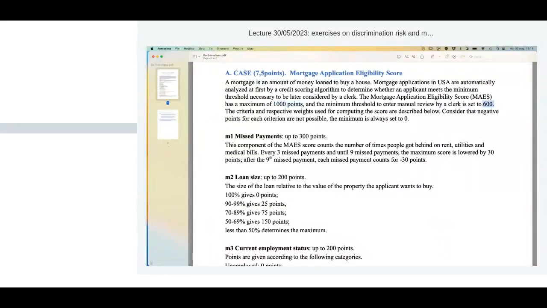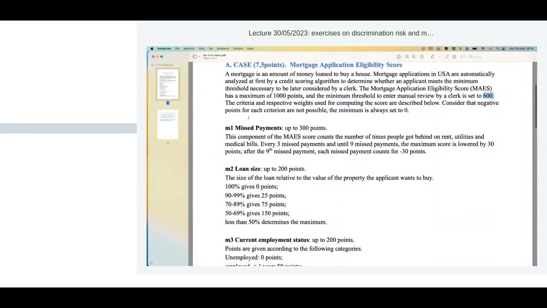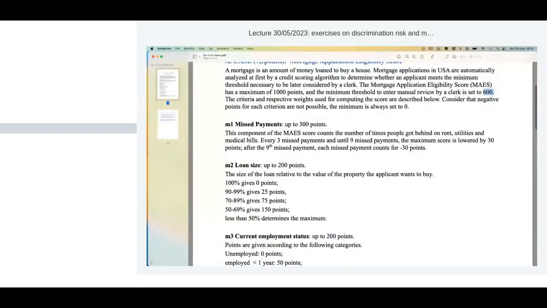So if you don't reach 600, the application doesn't go ahead. And the criteria and respective weights used for computing the score are described below. Consider that negative points for each criterion are not possible. The minimum is always set to 0. So for each criterion, there is some rule, and you know that you cannot go under 0. It is forced to be 0.